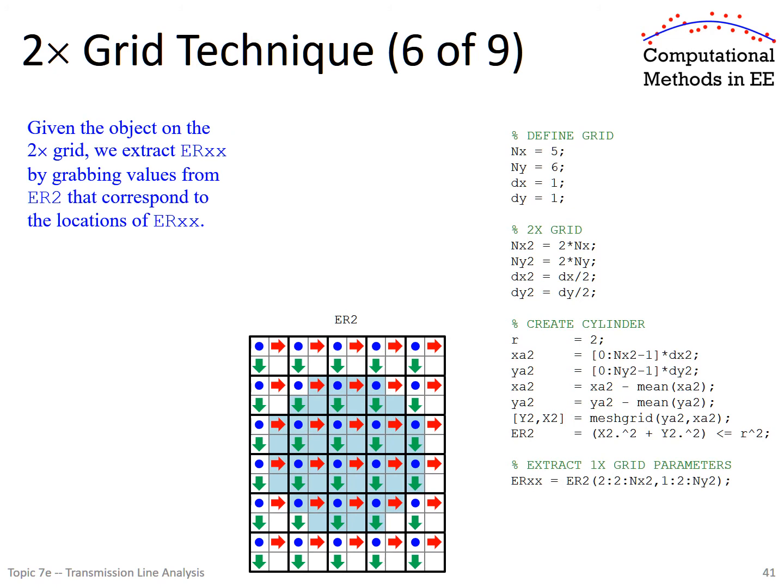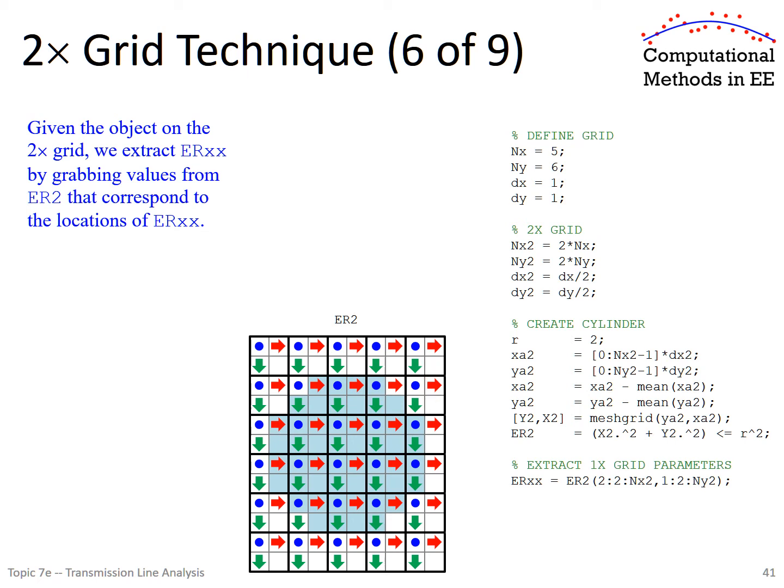So looking at our 2x grid, we want to extract our epsilon xx. We know they fall where the x component of the electric field lies. That's on the red arrows. So what we're going to do is build a 5x6 grid and pull off the material values everywhere we see the x component of E. So we have no material, no material, no material, no material, no material. So in the entire first row of epsilon xx, we have no material. No material, we do have a material, do have a material, no material, no material.